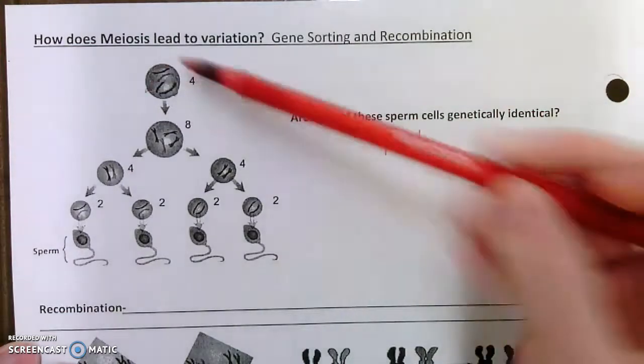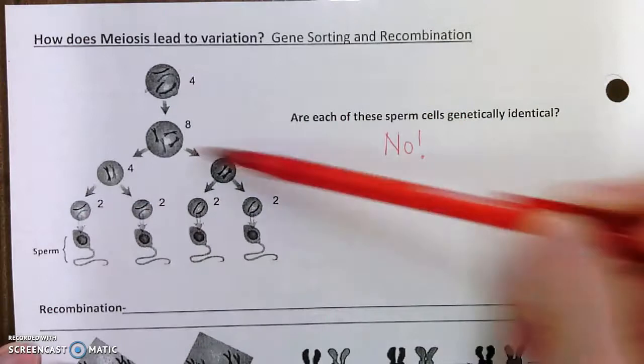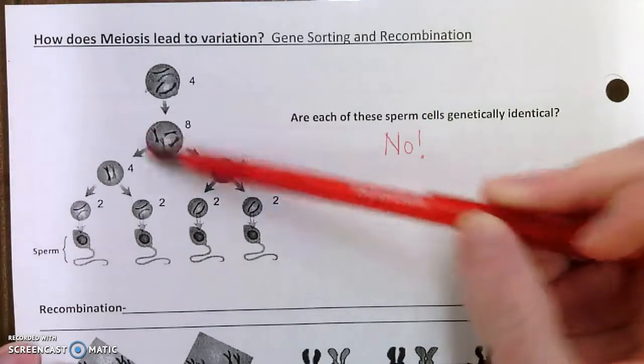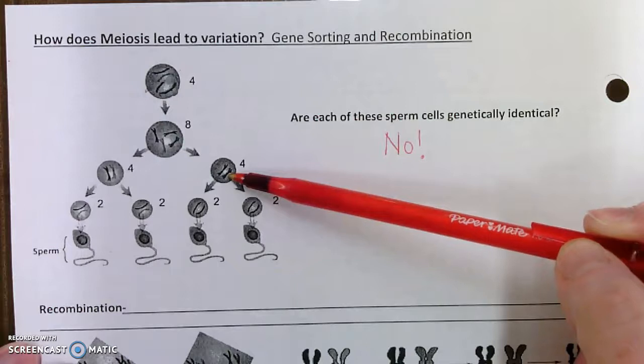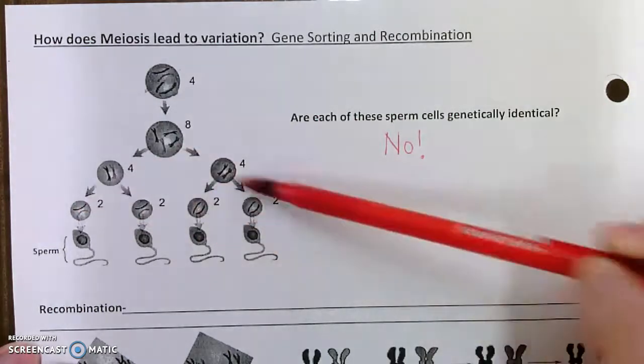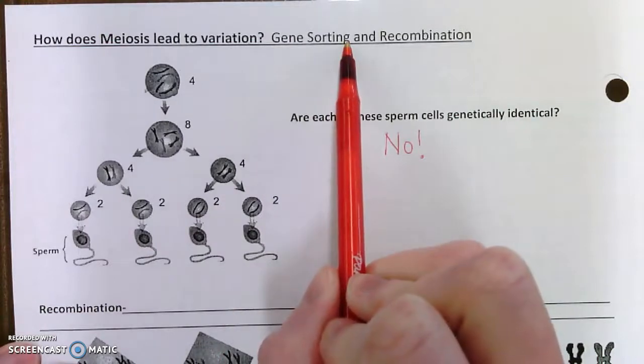So, they are not identical to each other. When the chromosomes replicate and then are divided, and divided again, that is gene sorting. Okay?